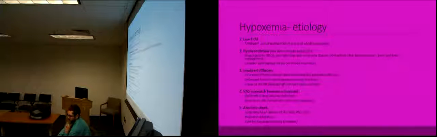Impaired diffusion gets into Fick's law a little bit more closely. So if there is a greater distance for your oxygen to have to travel to get from the alveolus into your pulmonary arterial tree, for example, pulmonary edema or IPF patients, or if you have decreased surface area, either from emphysematous lungs, someone's had a lung resection, atelectatic lungs have decreased surface area.